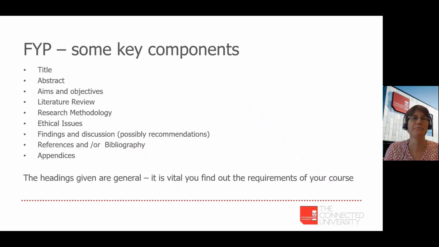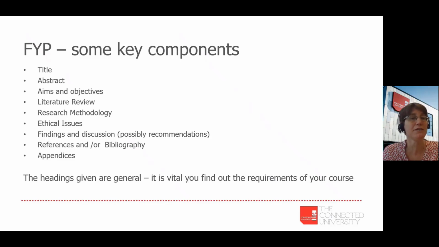This is the structure of your final year project and the general headings that we would suggest that you include within your work. Each of the subjects is different, so there might be some slight differences, but generally we'd be asking you to consider having the title of your final year project, an abstract, which is a description of what's within the article, what we're expecting to read, some aims and objectives of the project, your own literature review, and your research methodology and how you chose that, plus also any ethical issues.